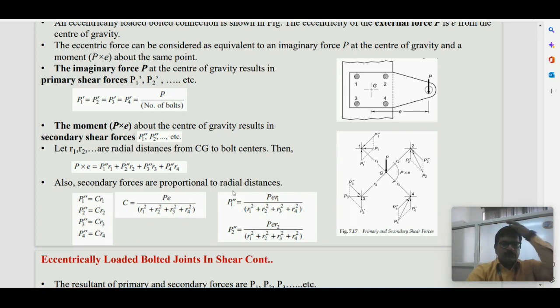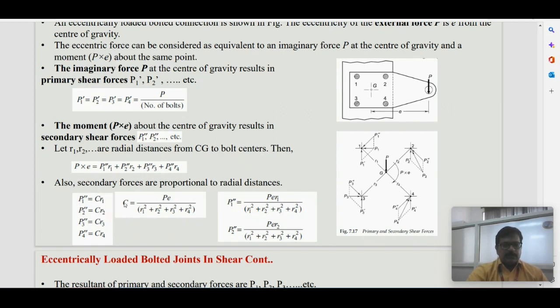The secondary forces are proportional to the radial distances: the first is proportional to r1, the second to r2, the third to r3, with the constant of proportionality taken as c. So these are equal to cr1, cr2, cr3, cr4.